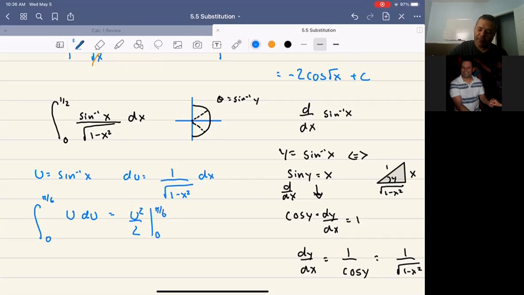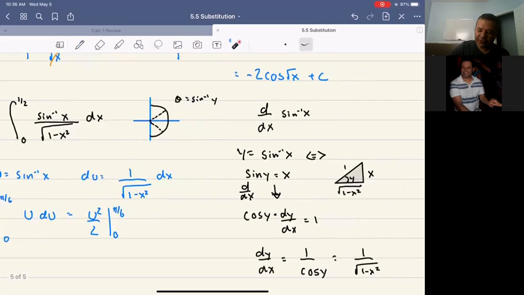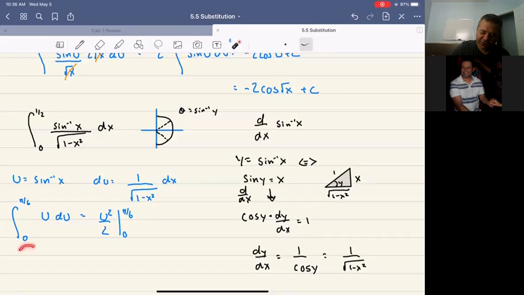We don't have to go back to sine inverse because we changed the limits. So this is going to equal pi squared over 36, divided by 2, which is 72.